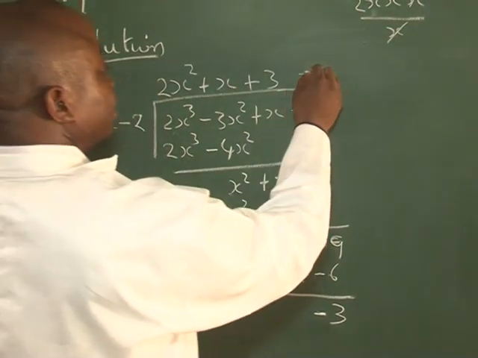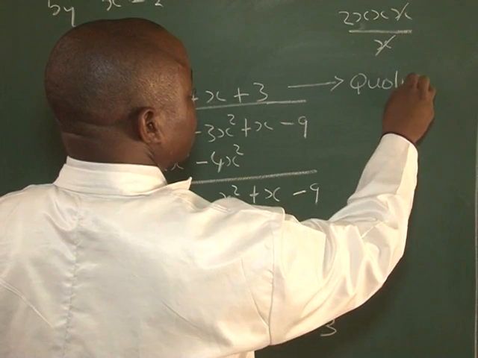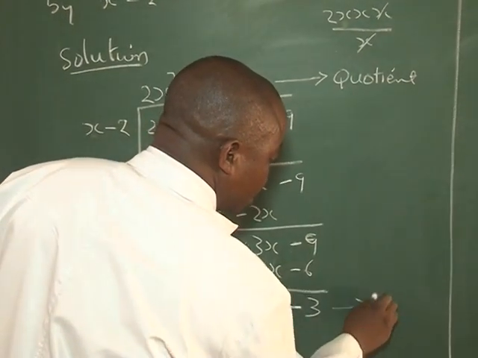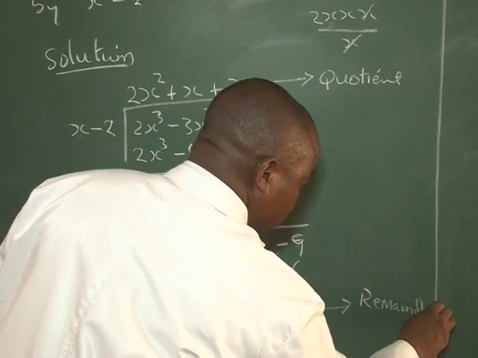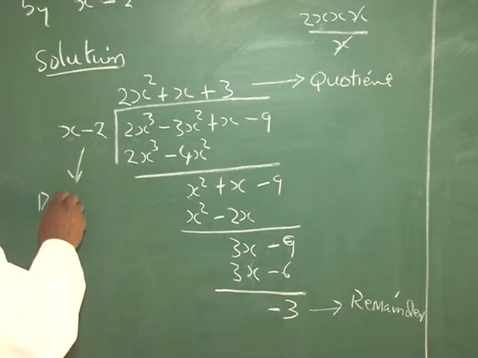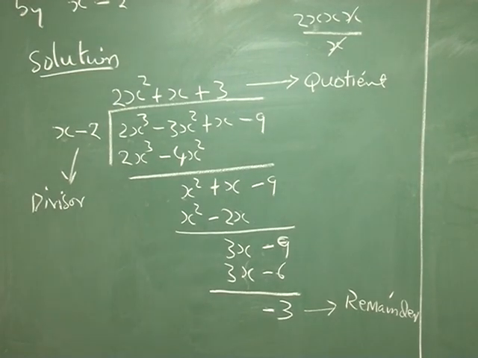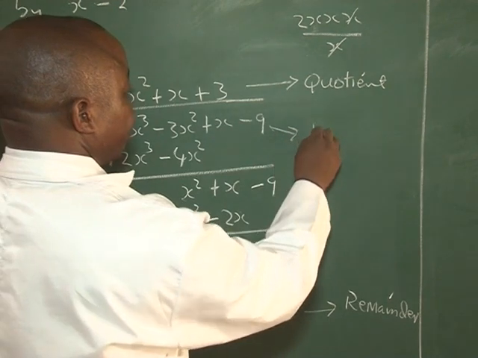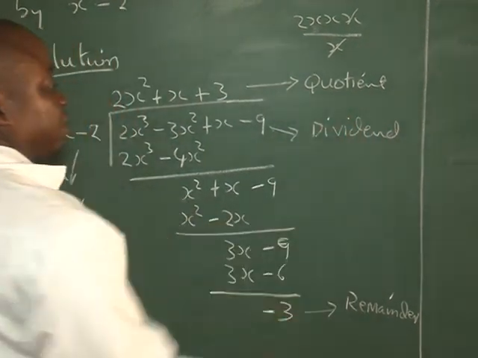Now this one is called the quotient. This one is the remainder, and this is the divisor. This one is the dividend.